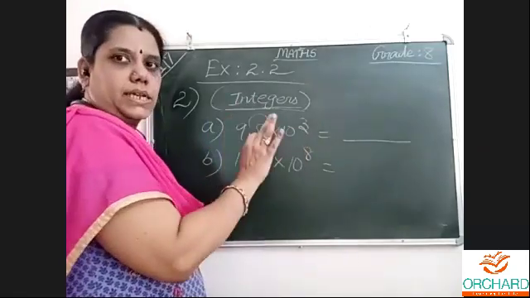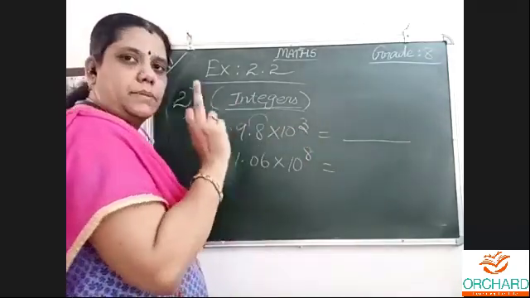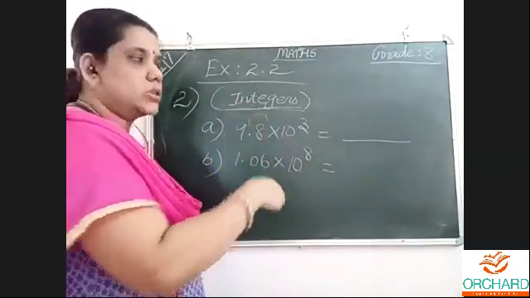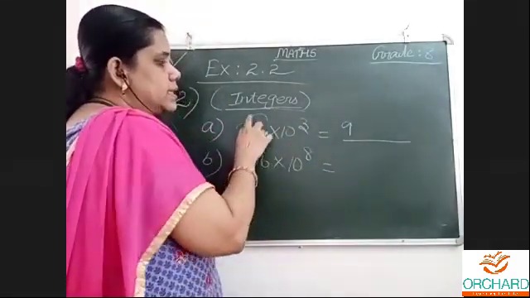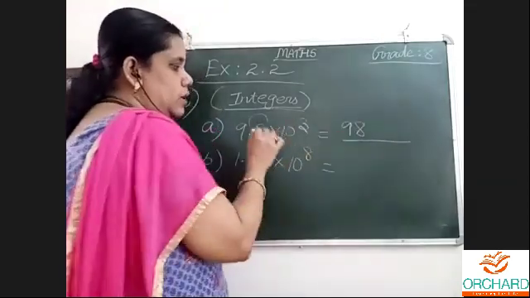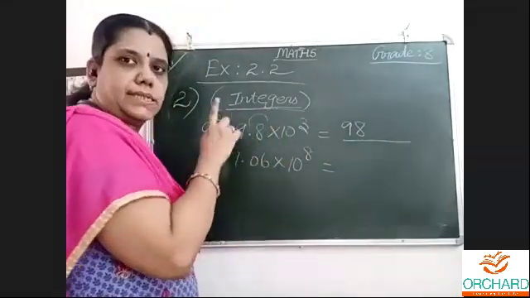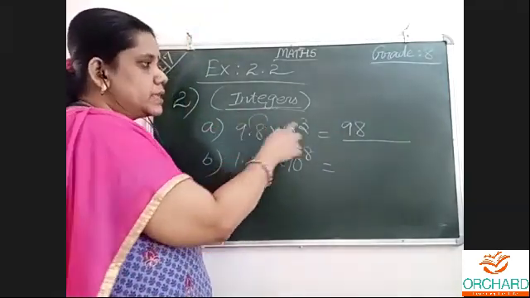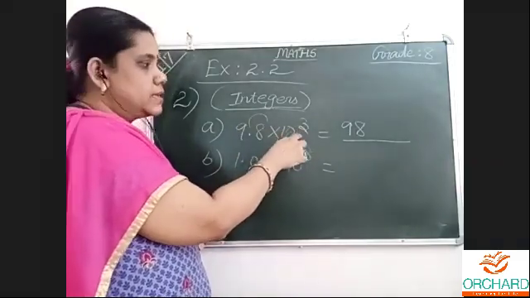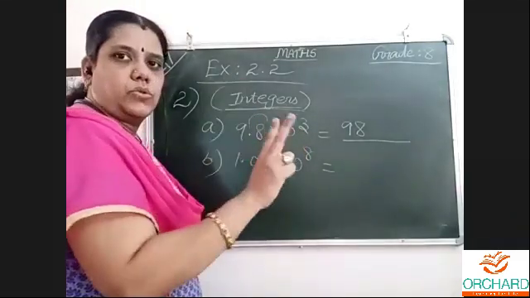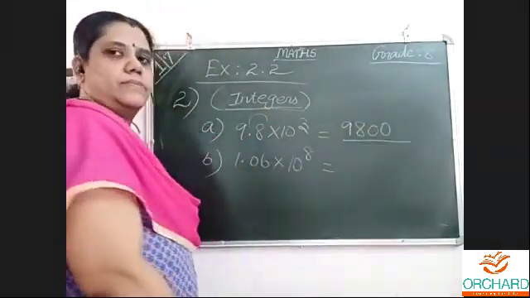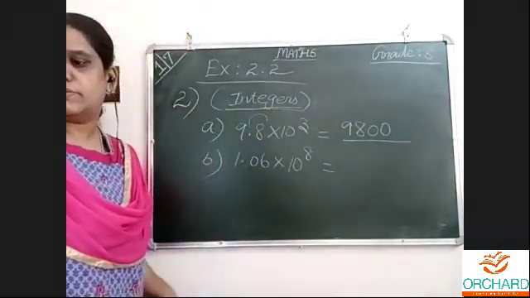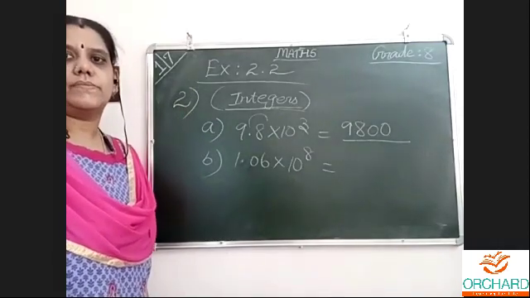The power is 3. 3 minus 1 jump is 2. So, 2 more numbers needed. So, first 9 I will write. Then this point jumped. This 8 I wrote. The point 1 place it jumped already. 3 minus 1 jump is 2. 2 more numbers needed. So 0, 0. This is an integer. Like this to write.